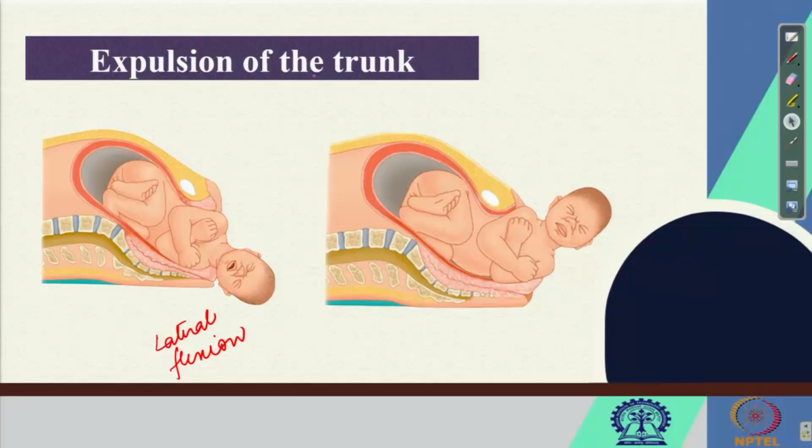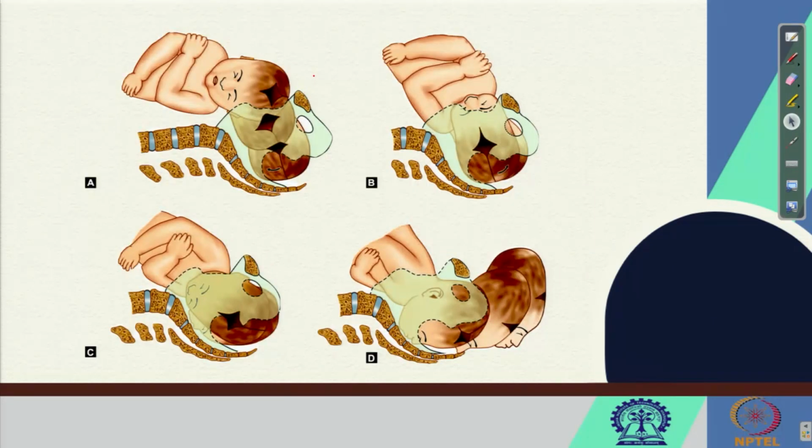So, that was the steps of normal labor and the different movements taking place within the fetus to adapt itself through the maternal pelvis, right. So, coming back to our slides, these are the diagrams.